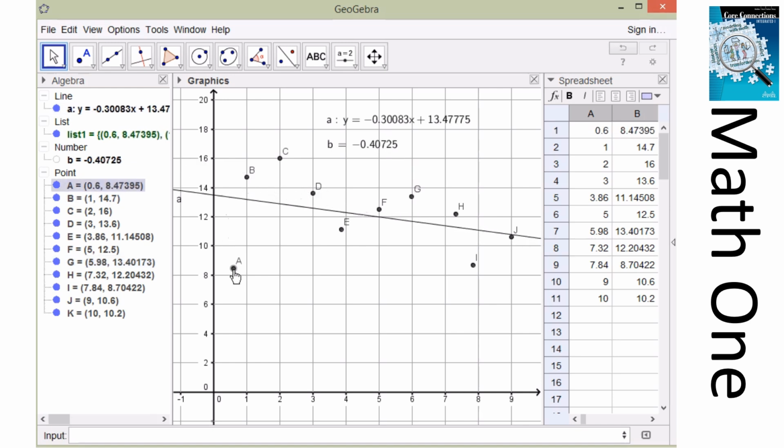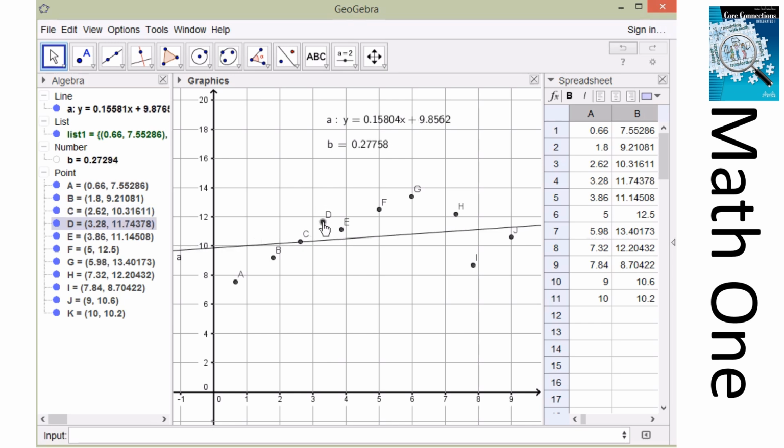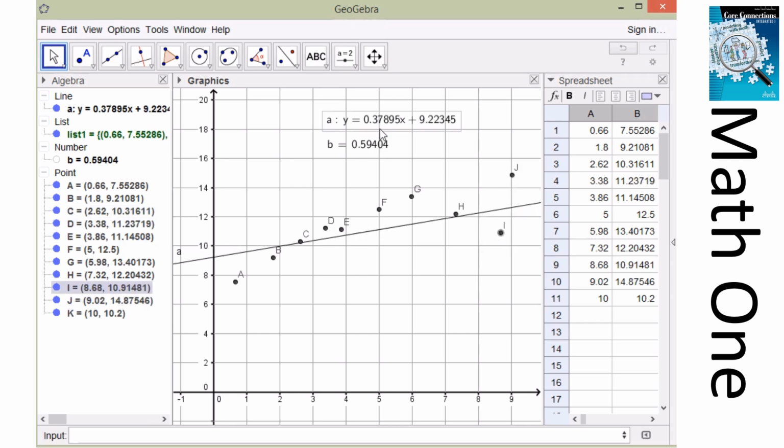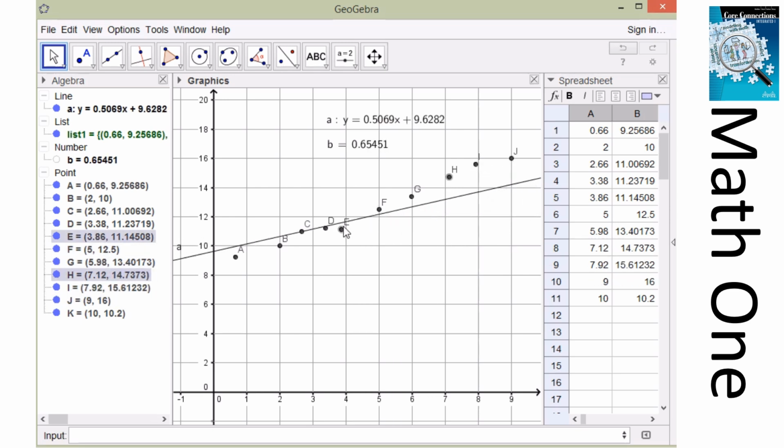Also, I could pull these points so that they start to look like they're aligned with a positive slope, and now you can see the direction is positive. As I get these points closer and closer to the line, the correlation coefficient becomes closer and closer to 1 again.